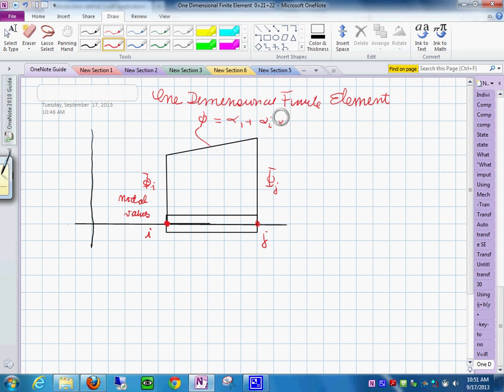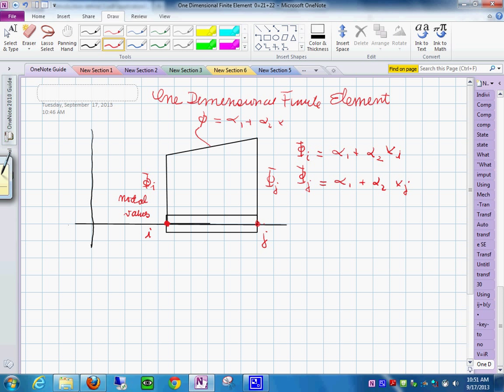Now, this is just a little review. If we have this function as the solution between two elements, it follows that phi sub I is equal to alpha 1 plus alpha 2 times x sub I, and phi sub j is equal to alpha 1 plus alpha 2 x of j.